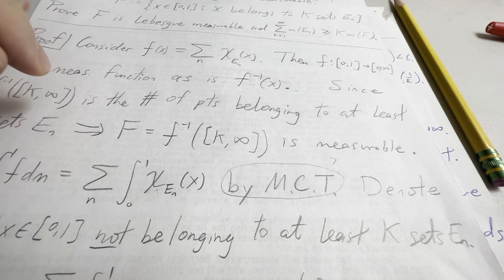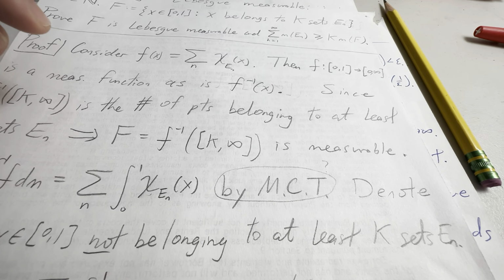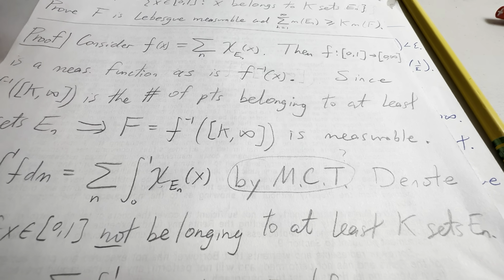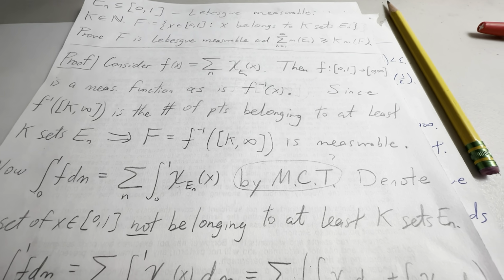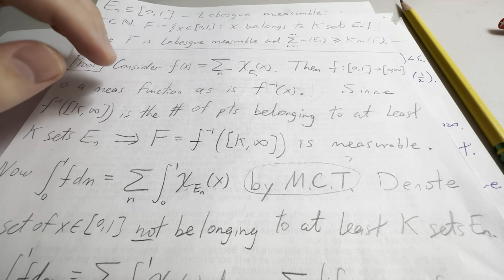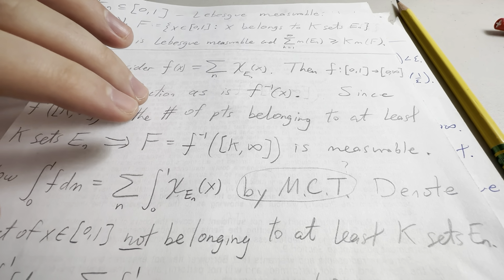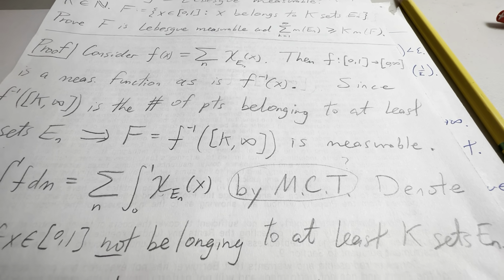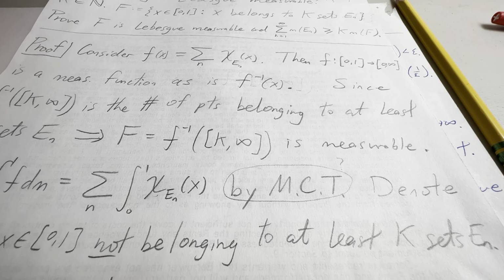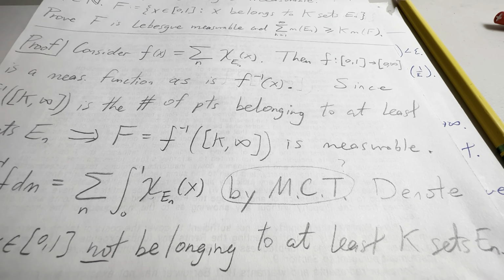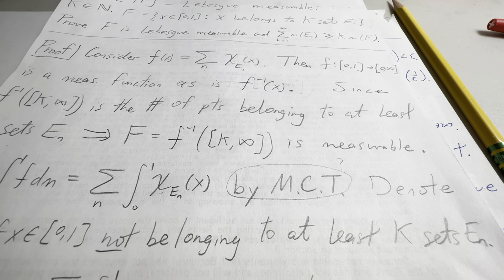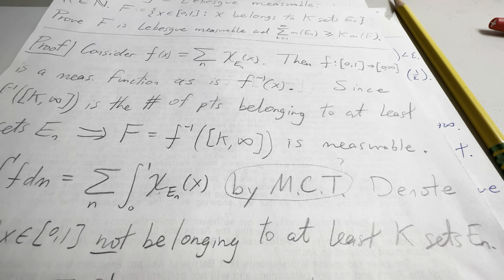I looked at this before recording, and it's not inherently obvious to me why monotone convergence matters here. I don't really see why I need to cite it in order to swap integral with sum. I know there's a condition out there that says I need that, but for the monotone convergence theorem, I am under the impression that you need some sort of upper bound, you know what I mean, in order for this to make sense.